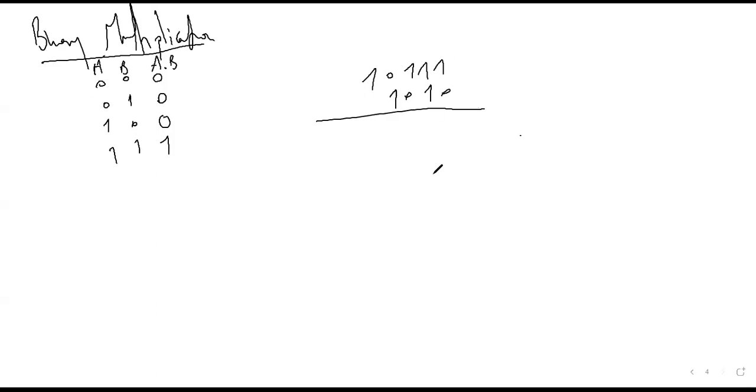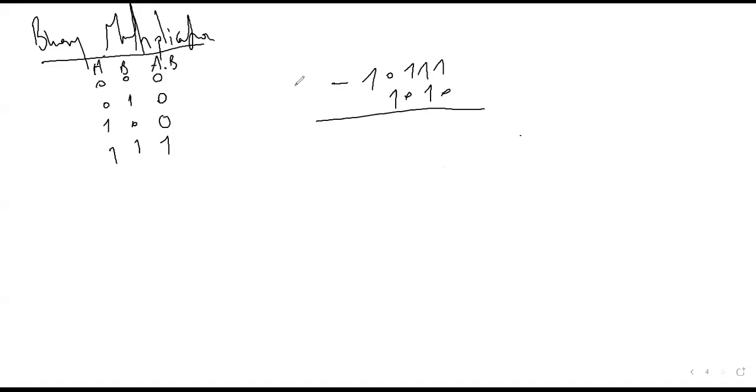Watch. The first thing you do, you multiply the first number. When you have two numbers which you are multiplying, there is the multiplicand, and I don't know the terms.